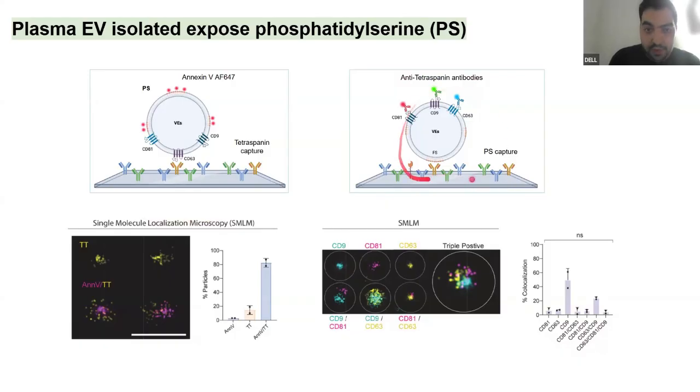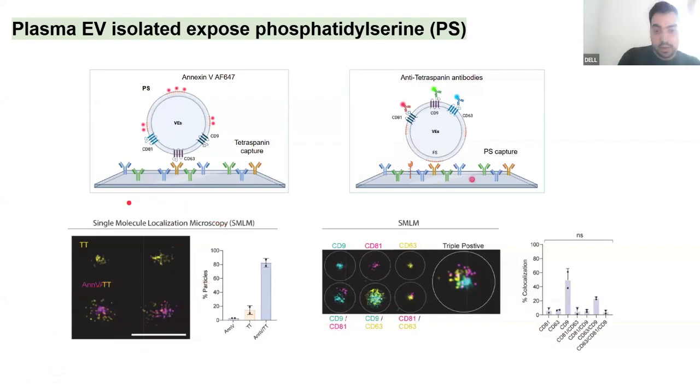The bound EVs in each case were detected with fluorescent annexin V or with anti-tetraspanin antibodies, confirming that a proportion of plasma EVs, predominantly CD9 positive, are phosphatidylserine positive.